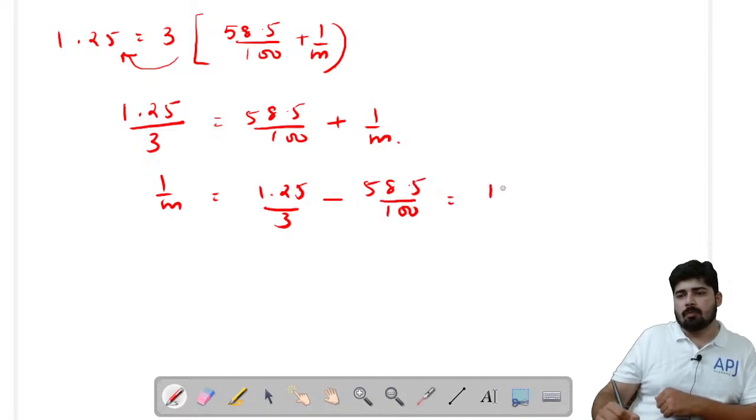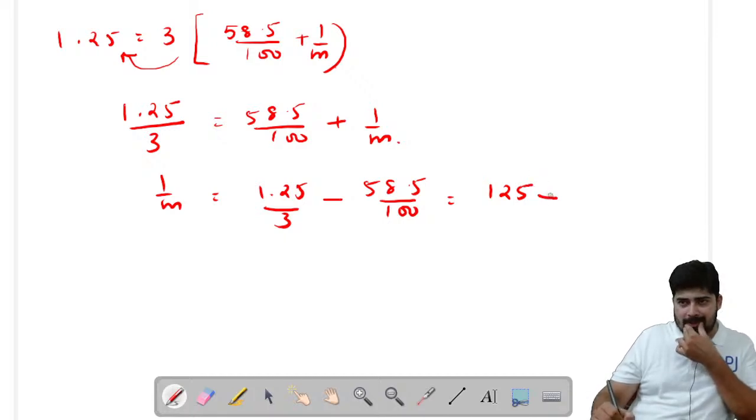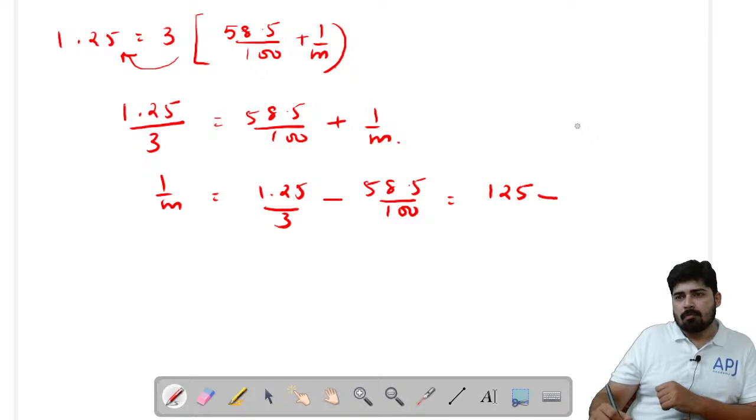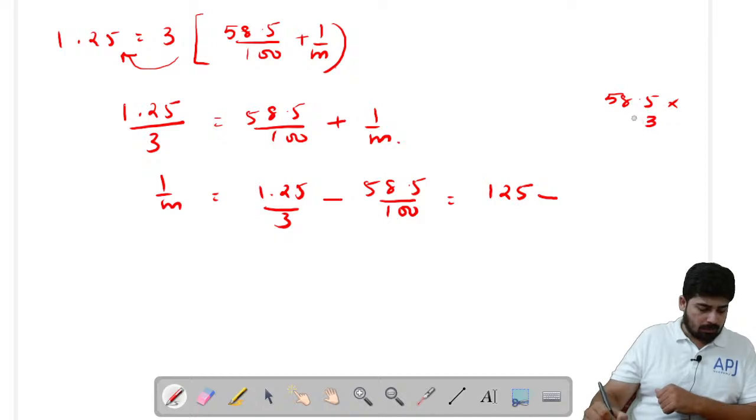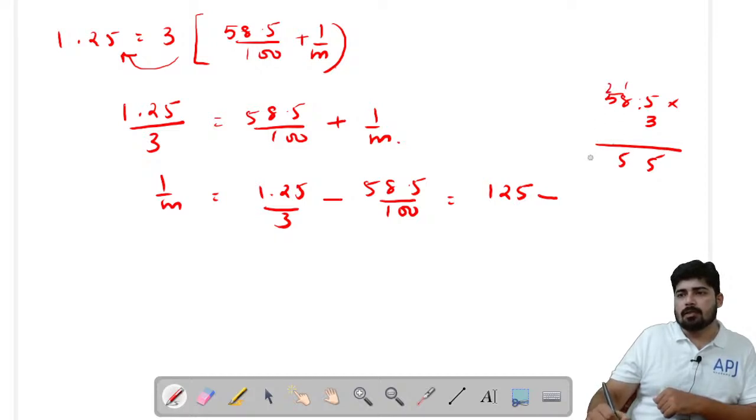So it will become 125 minus 58.5 into 3, that is 175.5.